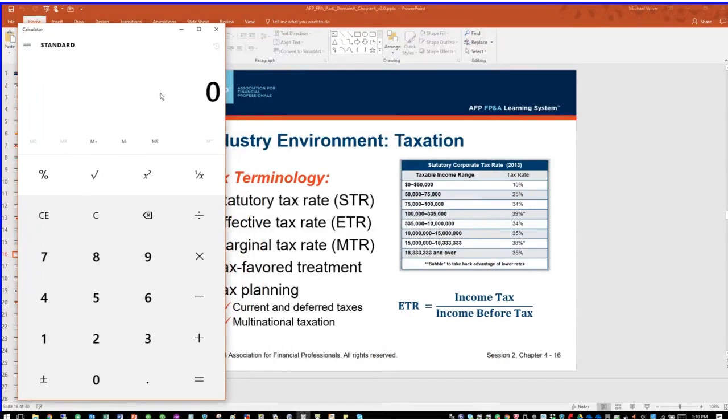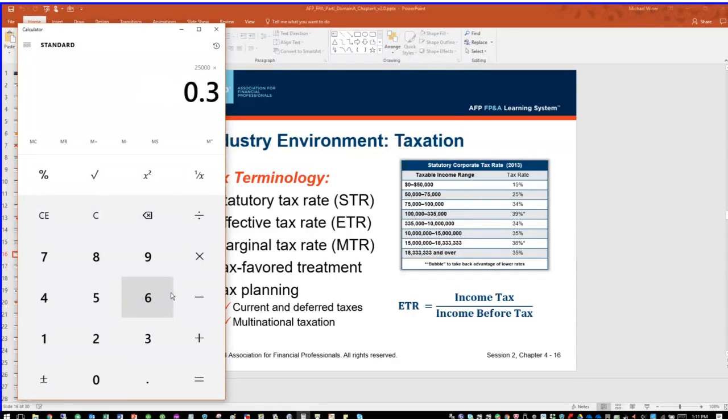If we take 50,000 times 0.15 and add that in, equals, add that in, and then I take the second bucket, 25,000 times 0.25 equals 6,250, and add that into the memory.